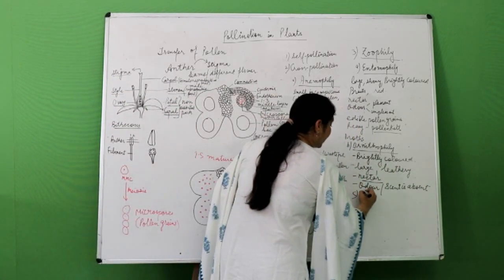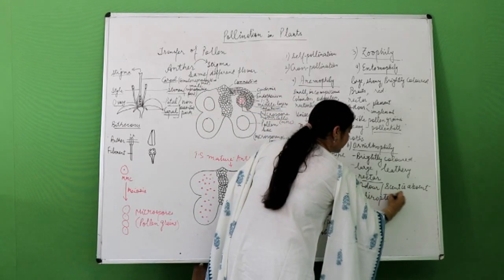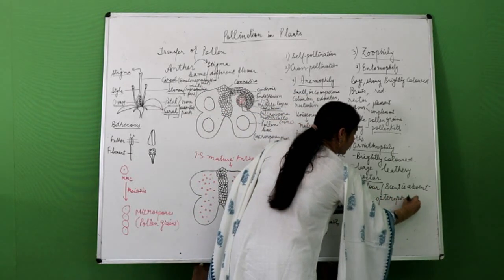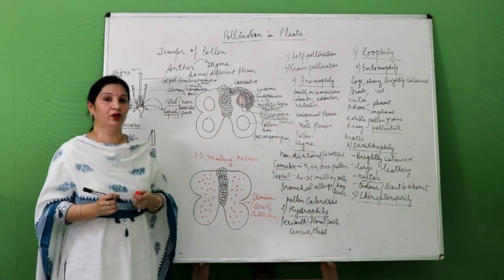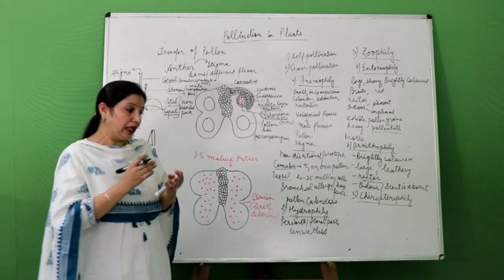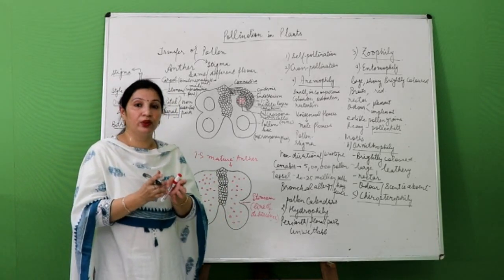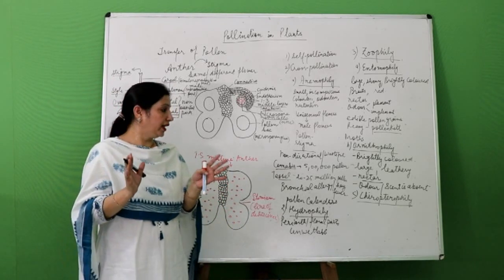Then we have chiropterophily, that is the pollination with the help of bats. Now bats, as we all know, are nocturnal flying mammals, and they can transfer the pollen up to a distance of around 30 kilometers, right?